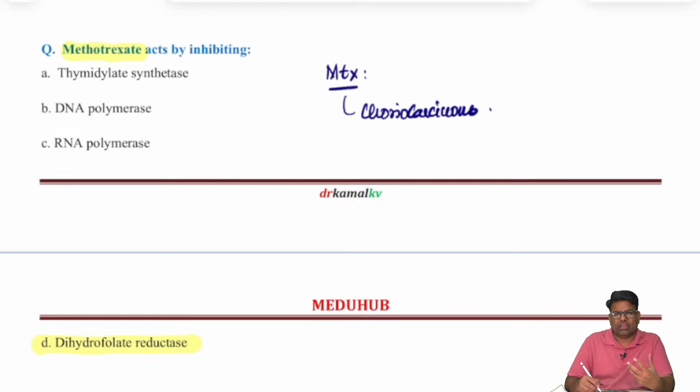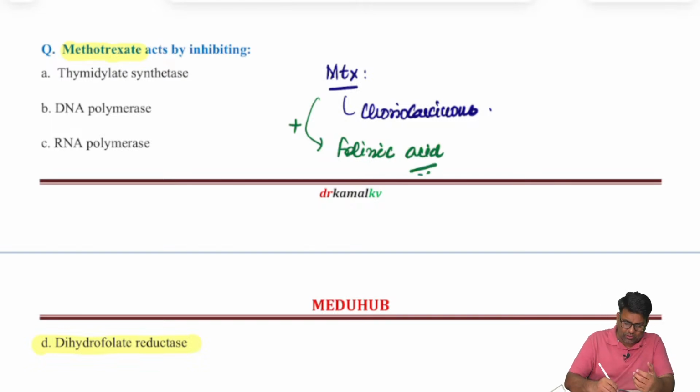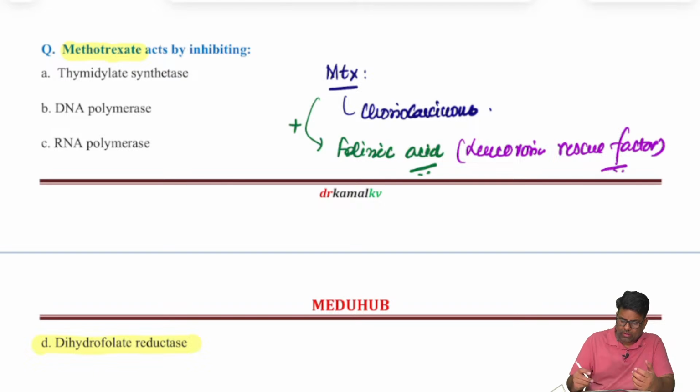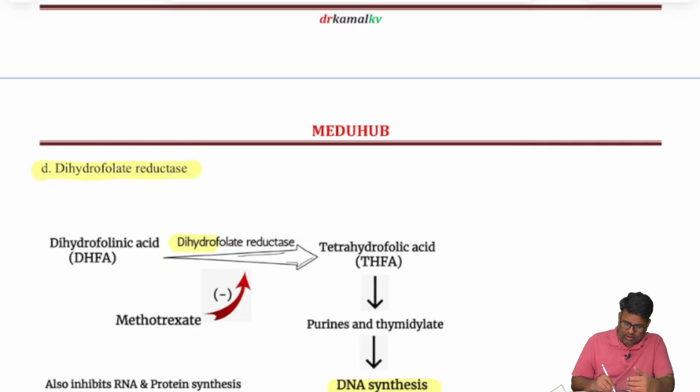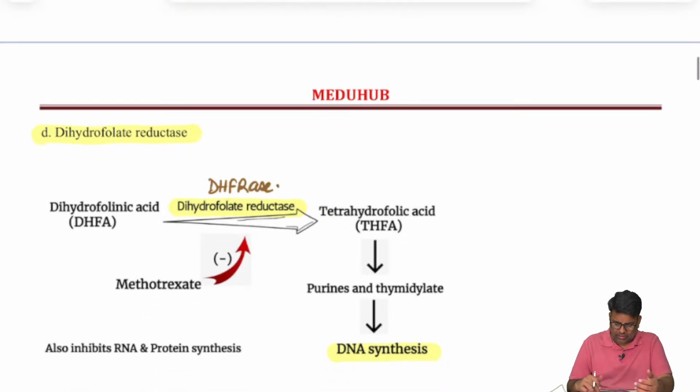And since methotrexate is very toxic, sometimes it should be given with folinic acid, which is also known as leucovorin, the rescue factor, right? This is very important for methotrexate. Just remember this much: it inhibits the enzyme dihydrofolate reductase. Sometimes you might see short forms.